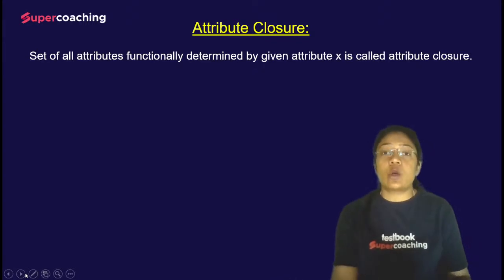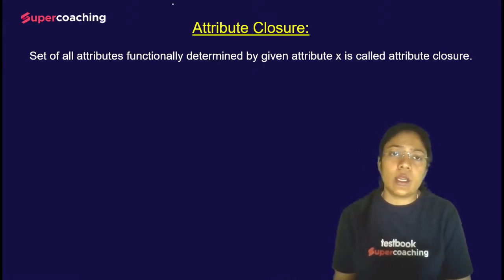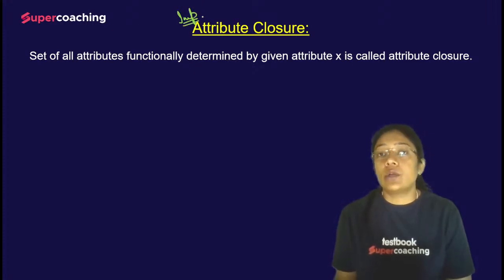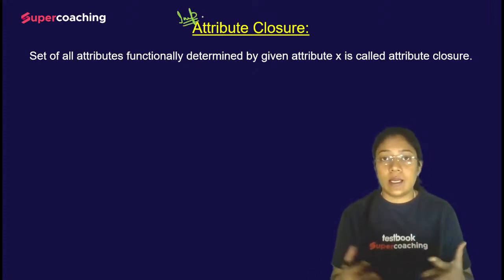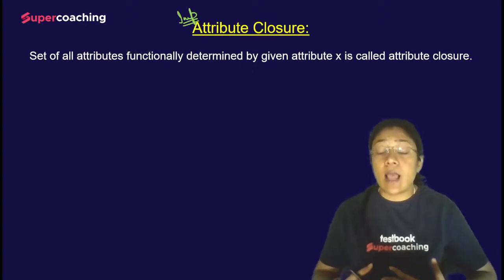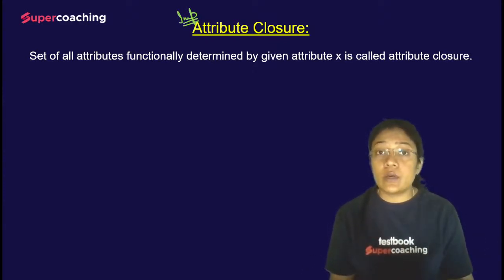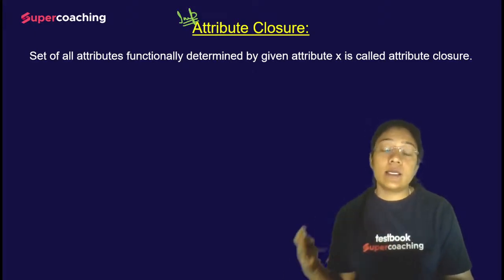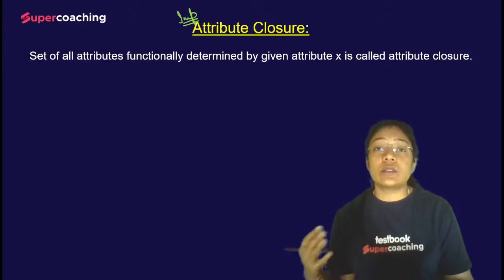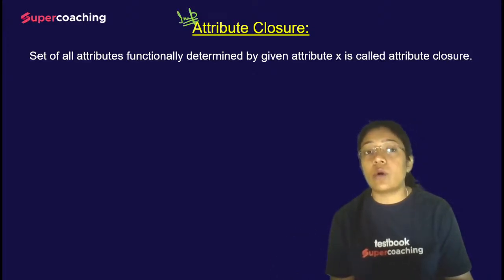Next, we have to talk about the attribute closure. Very, very important. If you are not comfortable with attribute closure and its applications, then you may face a problem in decomposition of a relation. Attribute closure and decomposition of a relation are used as the base for normalization.